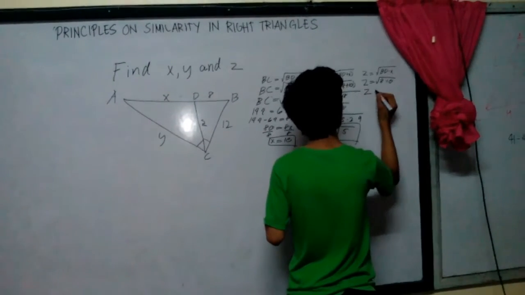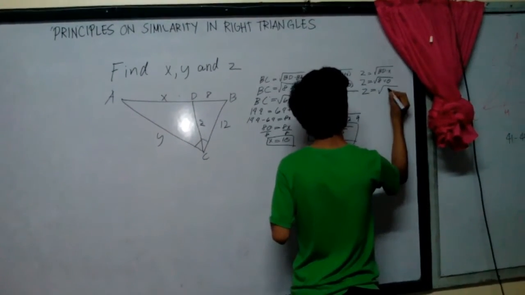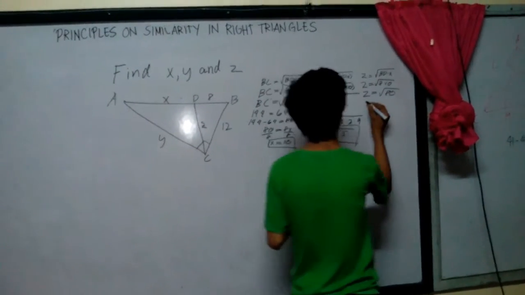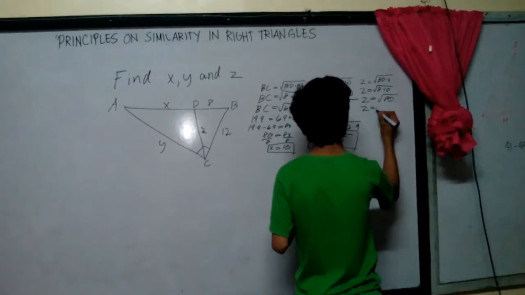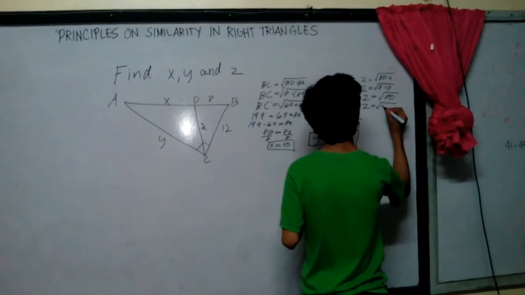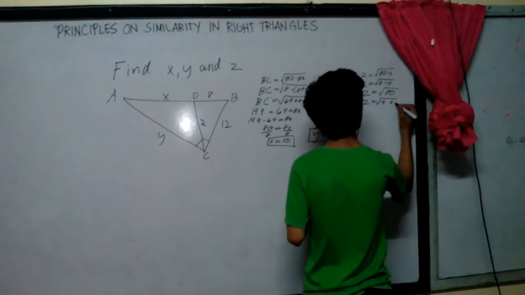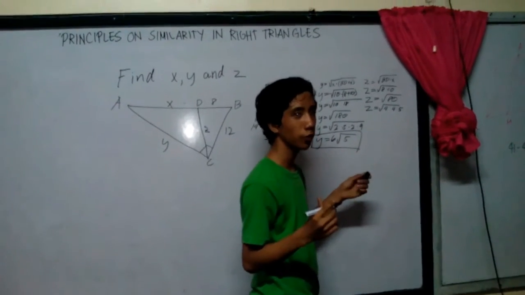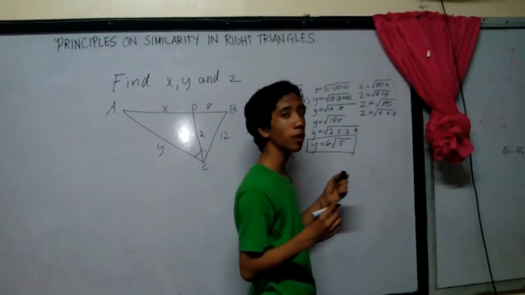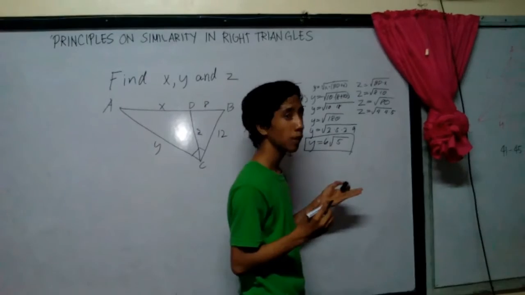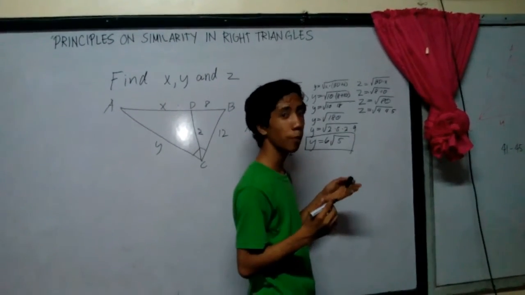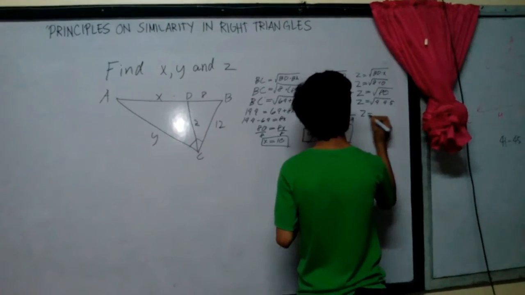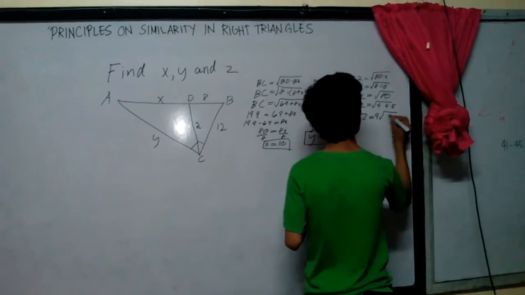Now, z would be equal to the square root of 80. Factoring 80, we would get z is equal to the square root of 4 times 4 times 5. Now, since there are two 4's, by getting the square root of 4 times 4, we would get 4. And since 5 is not a perfect square, we leave it as is. Therefore, z is equal to 4 square root of 5.